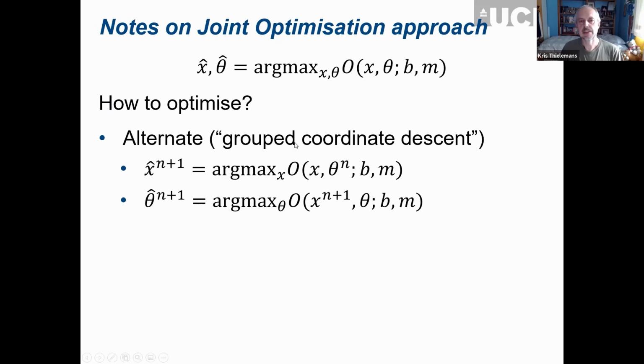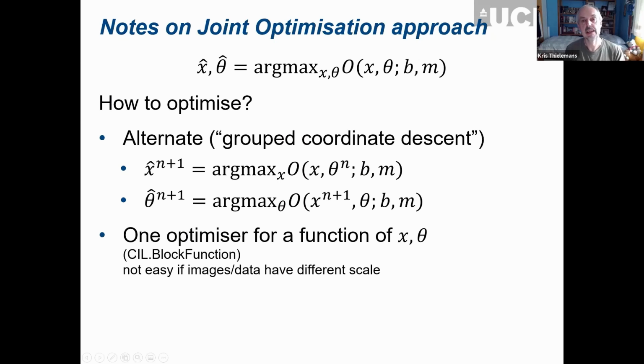This is sometimes called grouped coordinate ascent, if you do maximization. And this is an approach that will converge theoretically under very mild assumptions. However, nobody really wants to do maximization here because that's too computationally expensive, and then you get into difficulties of proving convergence. But in practice, this is the approach that many people take.